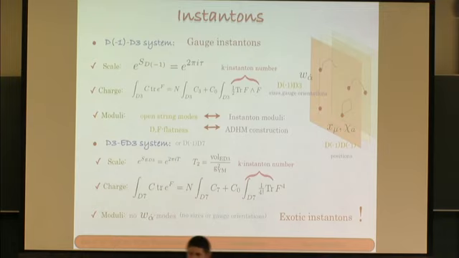I don't like this name because, as I said here, these instantons are more related to gauge theories in higher dimensions and have nothing to do with string excitations. Okay? There is nothing wrong with the name, but I just want to say that these exotic instantons you can already describe at the level of supergravity. You don't need string theory.